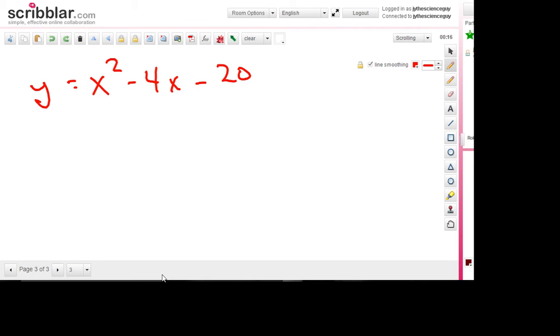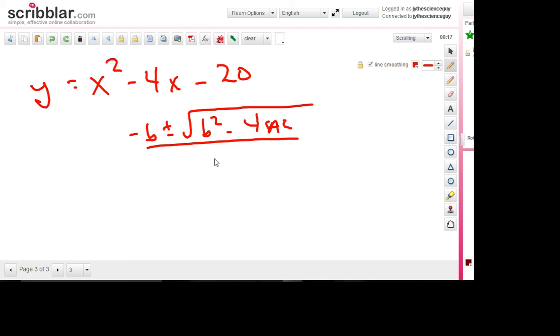No. So you have to use the quadratic equation. The quadratic equation says -b plus or minus the square root of b squared minus 4ac, all over 2a. Does that look familiar? Okay, so use the quadratic equation and do that math for me.